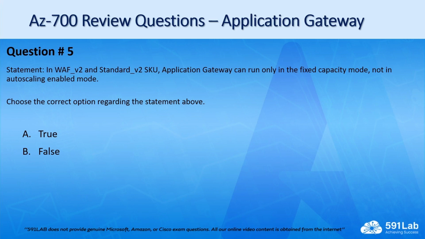So auto scaling is an option which we get with WAF v2 and standard v2. That is simply false, because we do not have the option to run in fixed capacity mode with WAF v2 and standard v2. Let's have a look. Yes, this is our correct answer. Let's move to the next question.